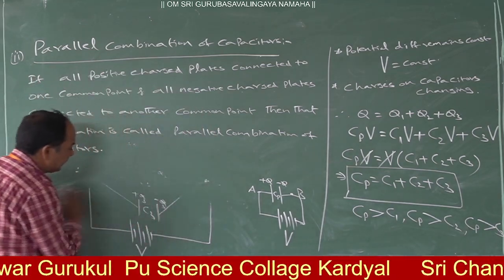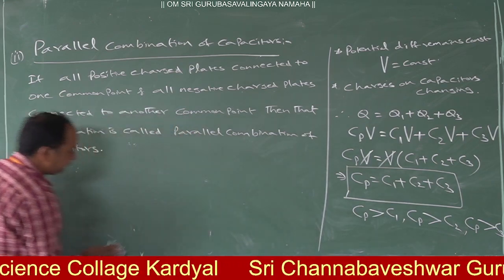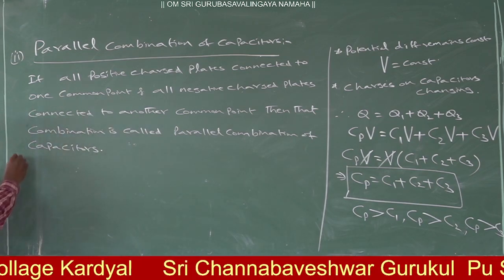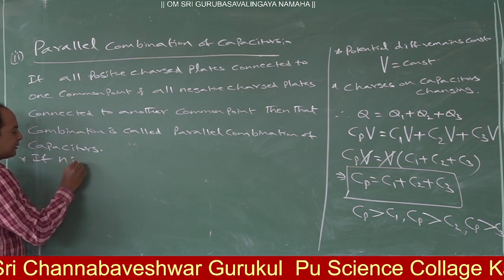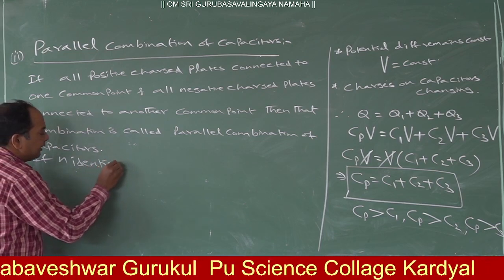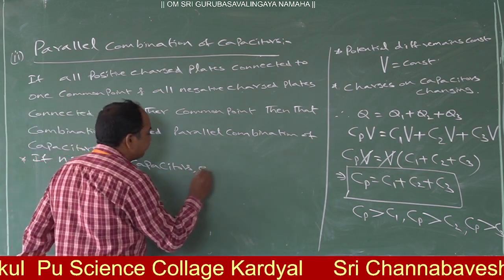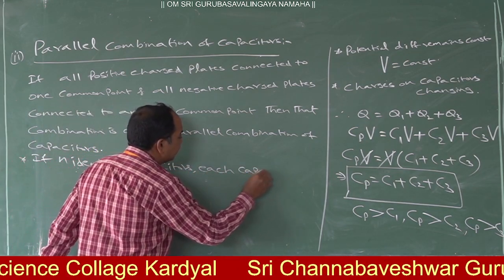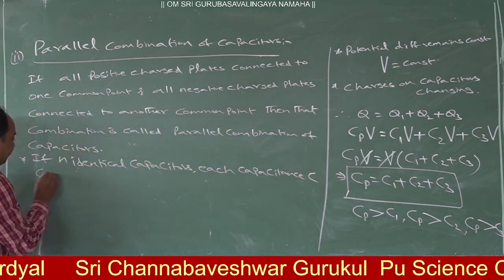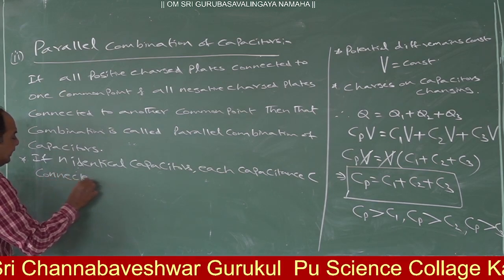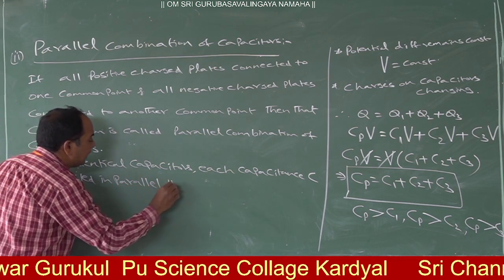Suppose we are taking identical capacitors. If small n number of identical capacitors, each of capacitance C, are connected in parallel, then what is Cp?